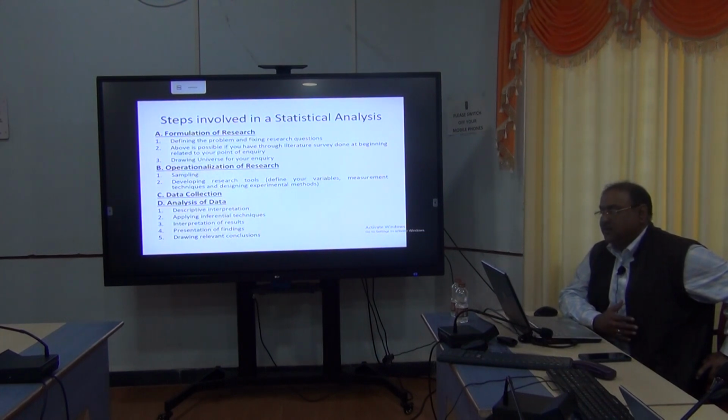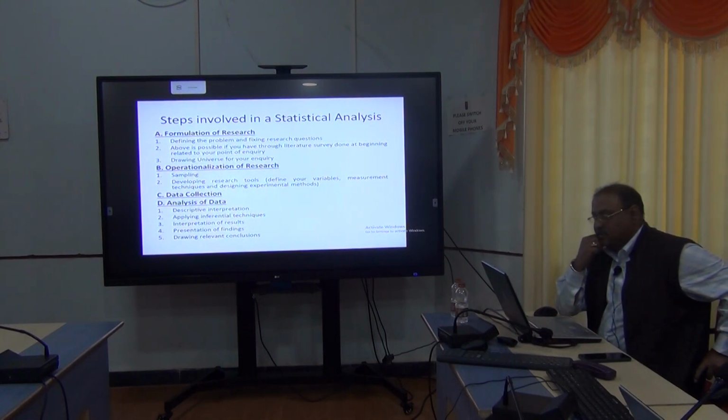So first is how to define the problem and fix research questions. This is very important, because you may be acquainted with several tools, a few of which I will discuss. Generally, in most classes like this we refresh our basics, and when one is really interested in the discipline, they can go deeper into the subject, and there will be thousands of techniques and methods one can come across.